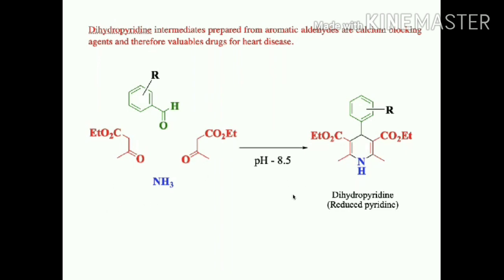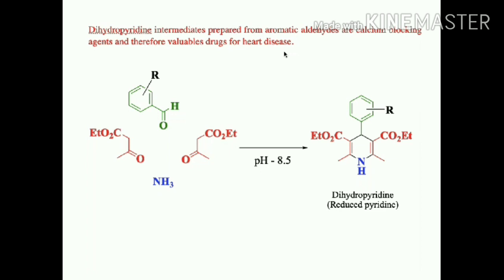So what is the use of the dihydropyridine? Since we need only pyridine, there is a very important use of that intermediate, that is dihydropyridine. Is the dihydropyridine intermediate prepared from aromatic aldehyde? If we prepare dihydropyridine by using substituted aromatic aldehyde, they are going to act as calcium blocking agents, and therefore they are valuable drugs for heart disease.